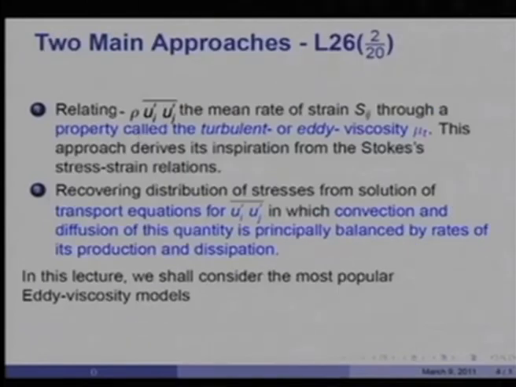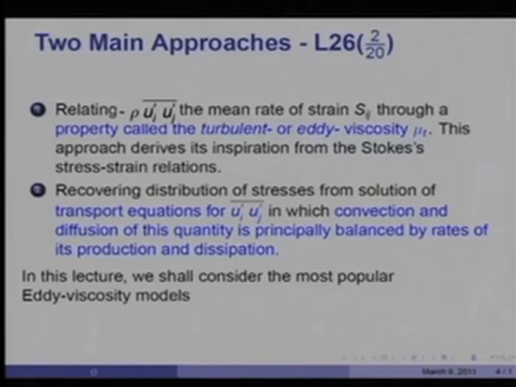There are two main approaches to modeling a stress. One is to say that the stress is related to the mean strain rate through a property called turbulent or eddy viscosity. This is very analogous to Stokes's stress strain relationships.